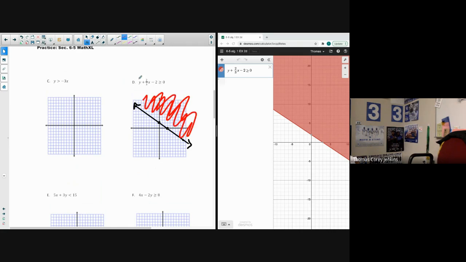Now we can also see that's true with the 0, 0 test.